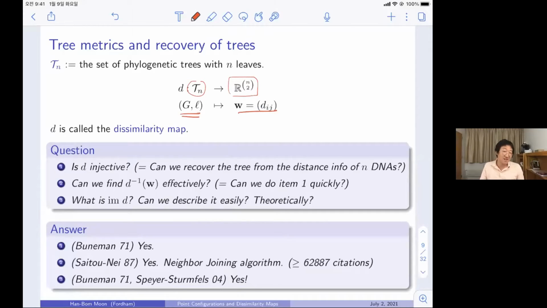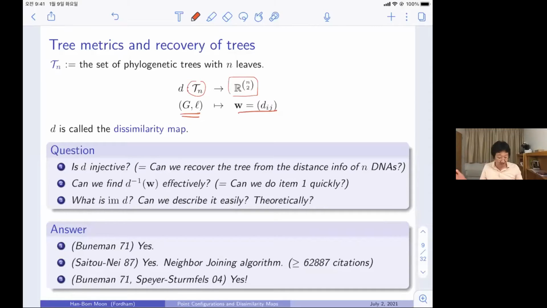And this is indeed one of the papers with the largest number of citations even in the biology field. The number of citations is more than 60,000. And finally, we can describe the image effectively, easily, theoretically.